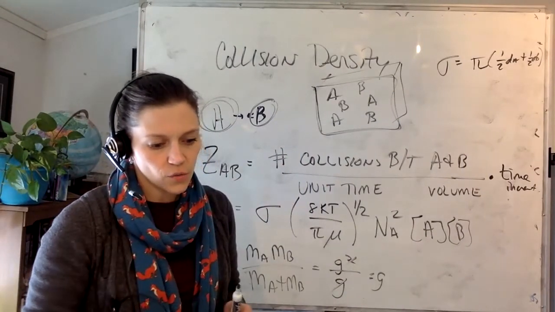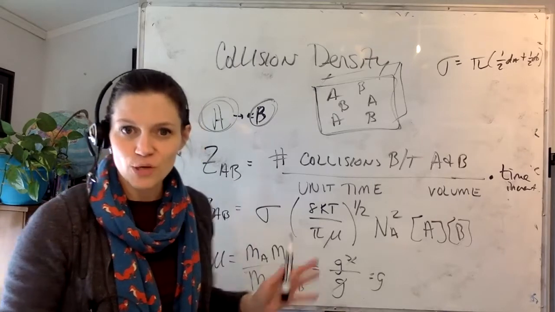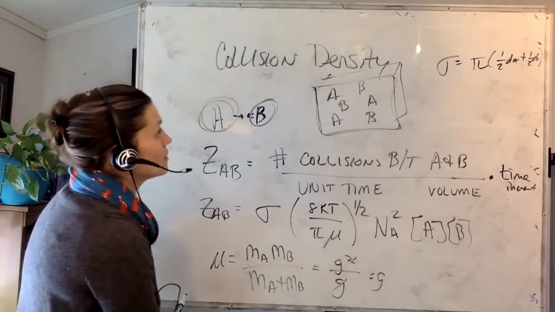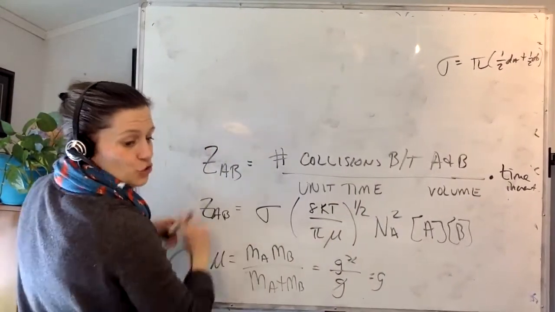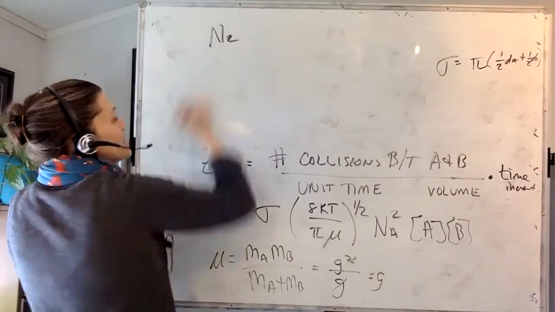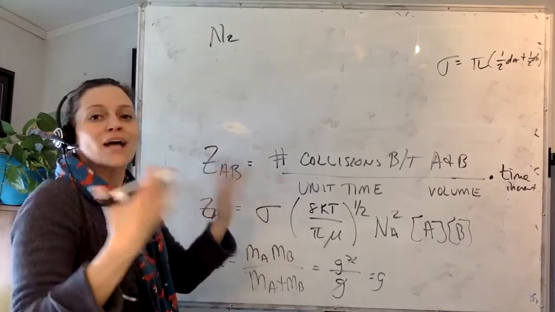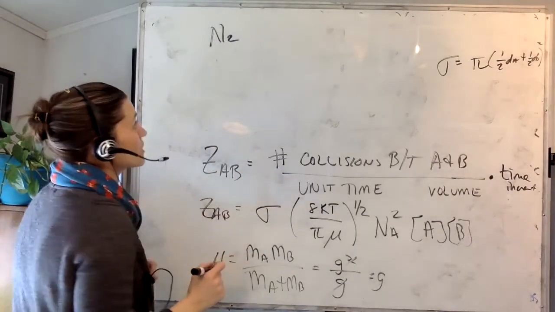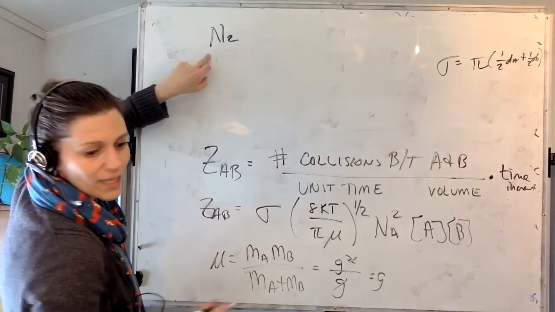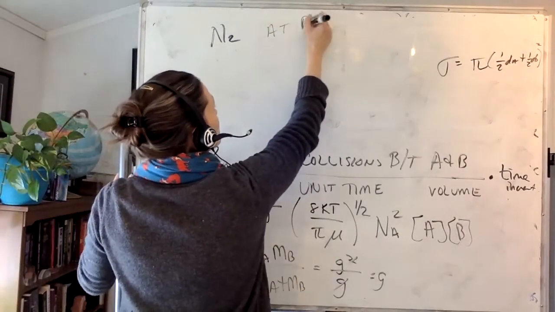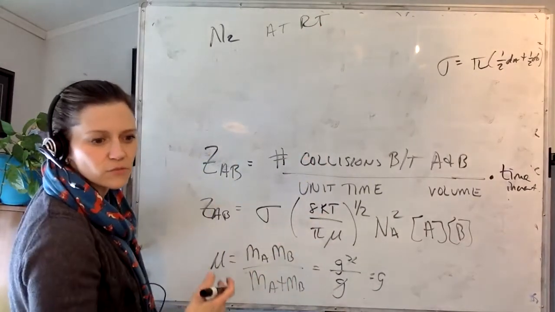Cool. So real quick, I want to show you an example of numbers of the collision density. And so for N2 at room temperature, this is nitrogen. So what is that? 80% of our atmosphere, mostly nitrogen. Only about 20% is oxygen with 1% argon. So nitrogen at room temperature, it's about 65 degrees in my house right now, so a little less than room temperature.